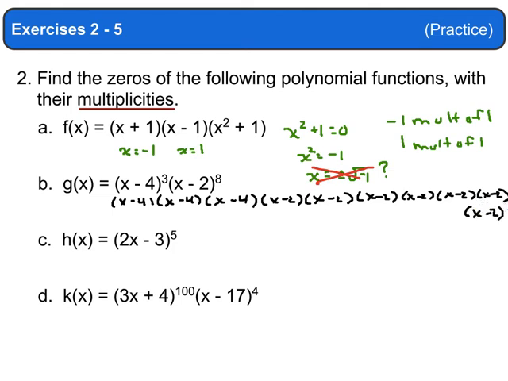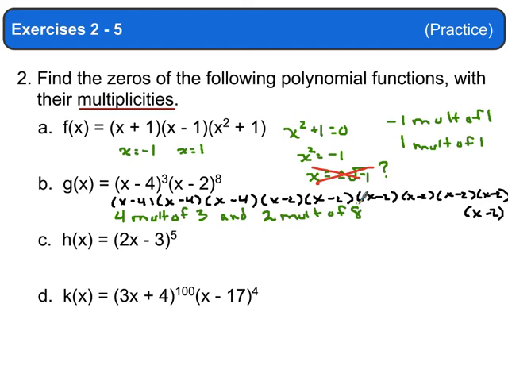I've got 8 of them. If I was to solve every single one, I would get 4 three times. So our answer is 4 with a multiplicity of 3. And then all of these x minus 2's, if I solved every one, I would get x equals 2. So we have a solution of 2 with a multiplicity of 8. It means it happened 8 times.